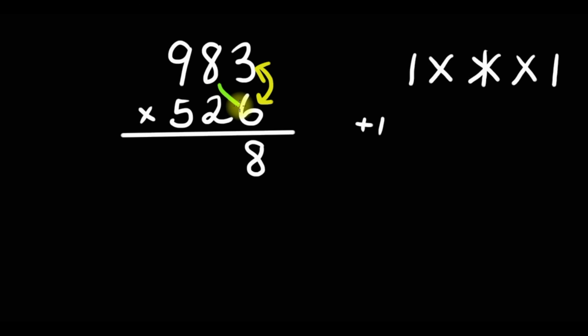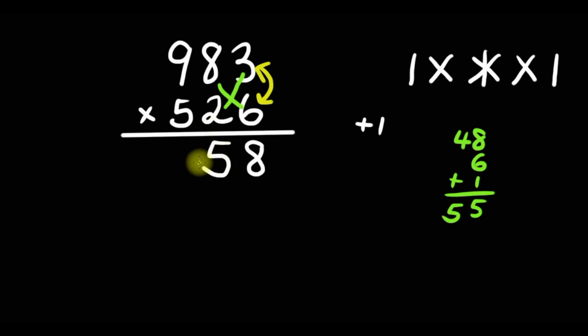So we need a 6 times 8. 6 times 8 is 48. And then 2 times 3 is 6. And then plus 1. Okay, so that means it's 5. So this is going to be 55. So that means you put a 5 here, and then you add a 5 to the next one.